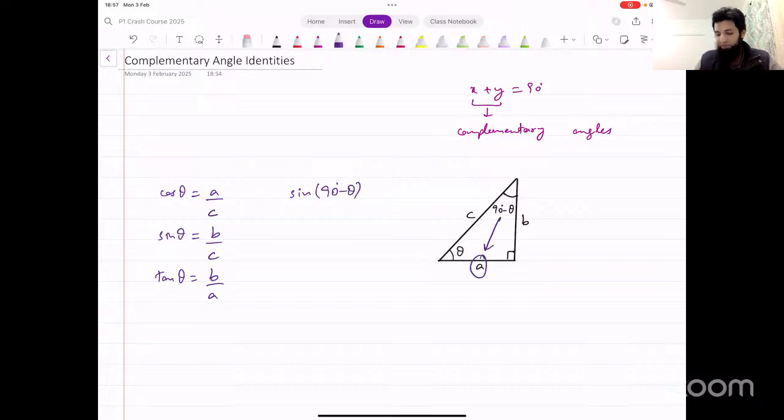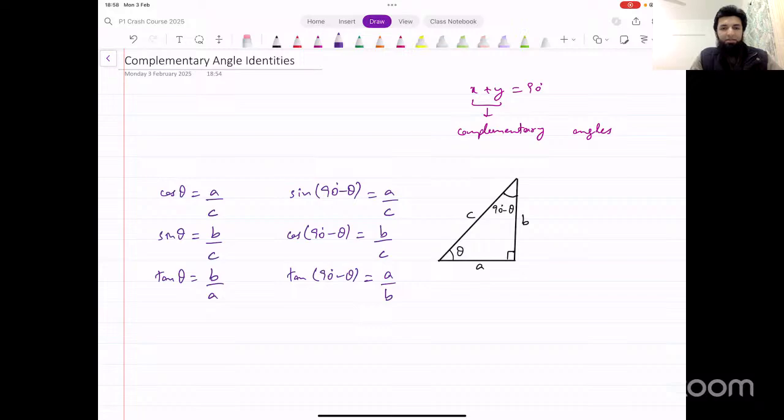Opposite in that case would be A. Hypotenuse would be C. So we get A over C. For cos of 90 minus theta, adjacent is B. Hypotenuse is C with respect to the 90 minus theta angle. So that becomes B over C. And tan of 90 minus theta, that will be opposite, which is A, adjacent, which is B. That becomes A over B.